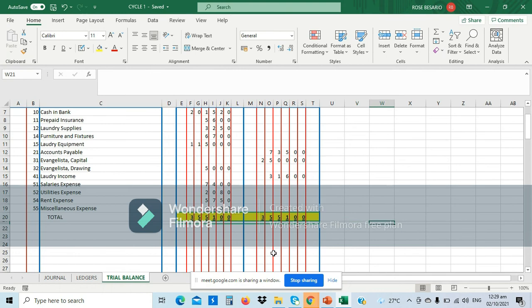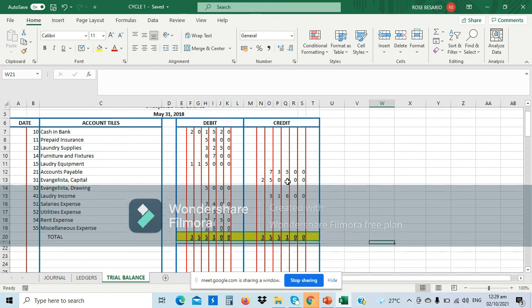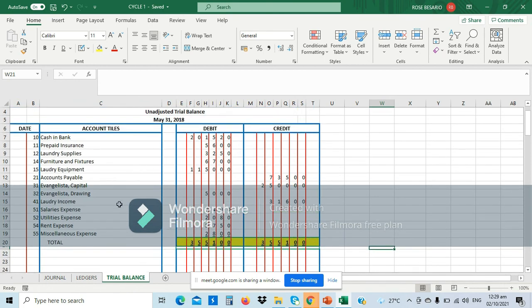We're able to get an equal figure in our unadjusted trial balance. That's how you do your journal entries or journalizing, then your posting in the ledgers, and after that, the trial balance. We're done.